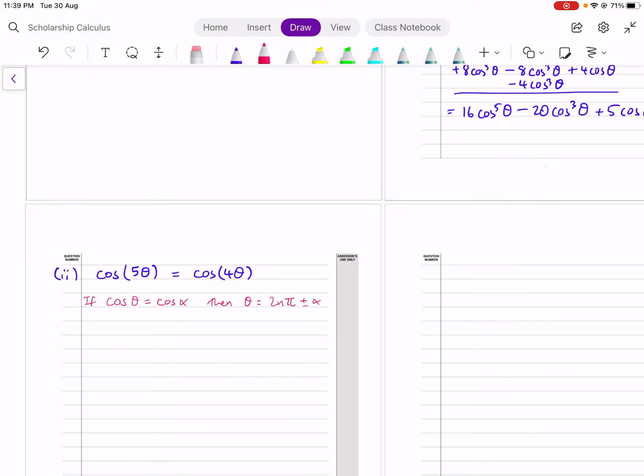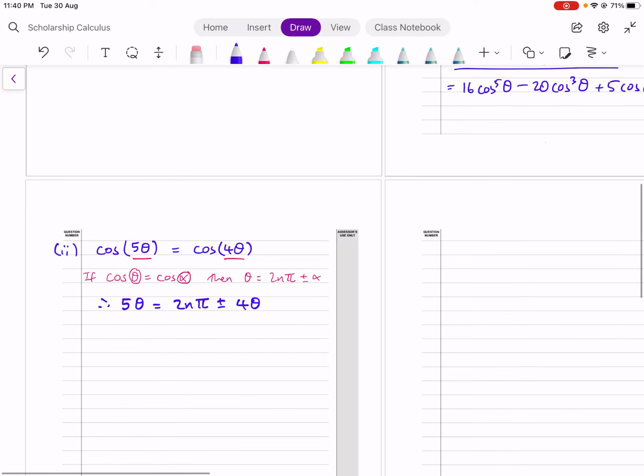So we don't have theta, we have 5 theta, and we don't have alpha, we have 4 theta, but we can still use this formula. We just say, therefore 5 theta equals 2n pi plus or minus 4 theta.